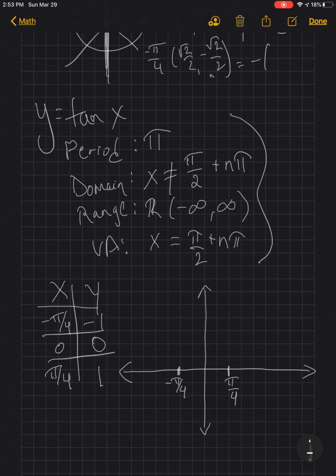So negative pi over 4, 0, 0, negative pi over 4, negative 1. I'm going to have to skip by 2 here just so it's a little clear. Pi over 4, 1.